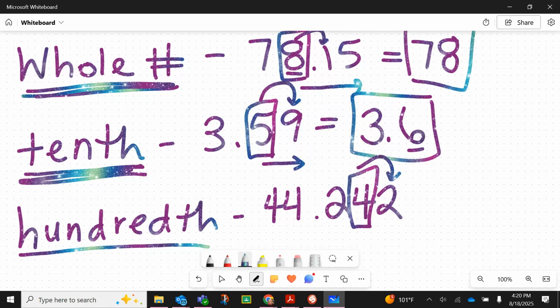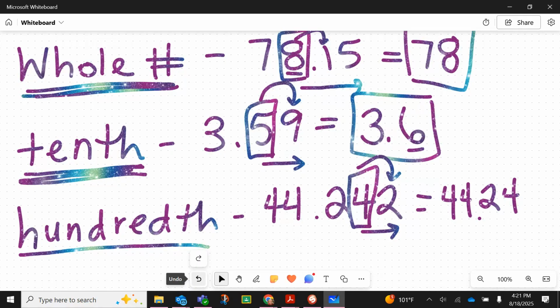I've got a 2. This is a 4 or less, so I'm going to let it rest. So this number in my box is going to stay the same. Everything to the left, I'm going to write. My 4 is staying the same, and everything to the right of my box is going to run to 0. So again, I can put the 0 if I want, but it has no value, so I'm just going to leave it off.